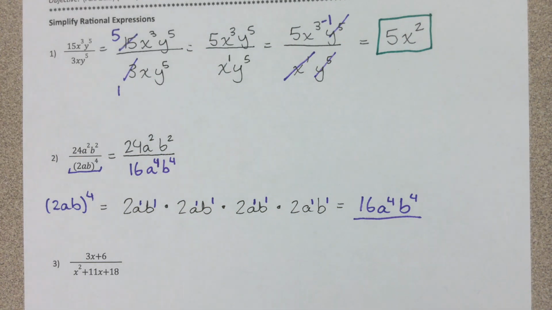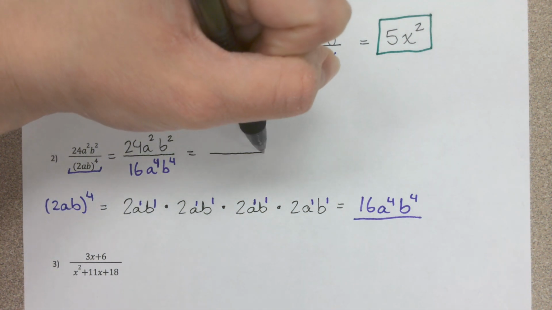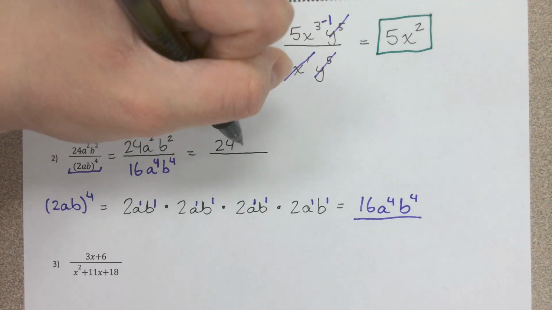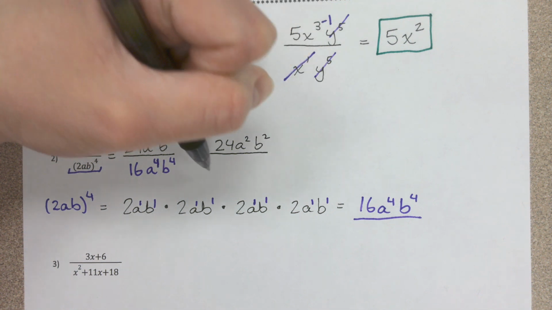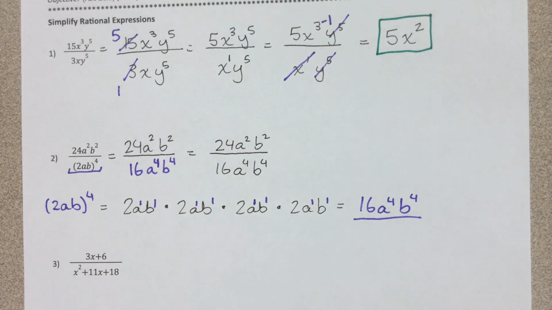Before I mess it up, I'm going to write it out again. 24a squared, b squared, over 16a to the 4th, b to the 4th. Now I can simplify that like I did in the first problem.